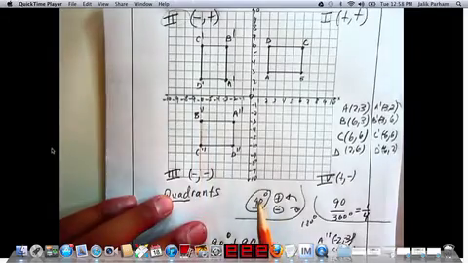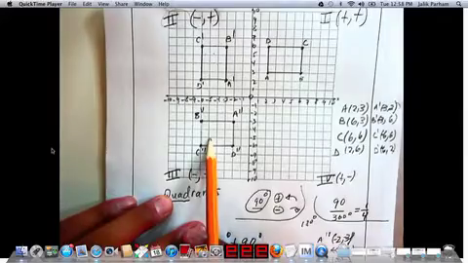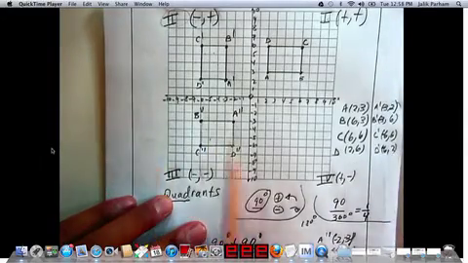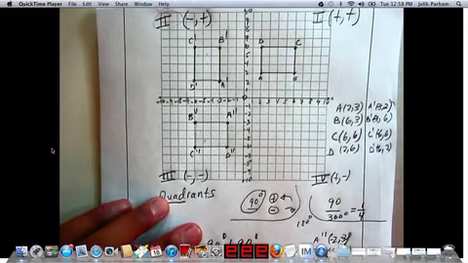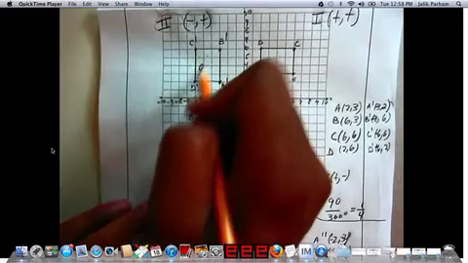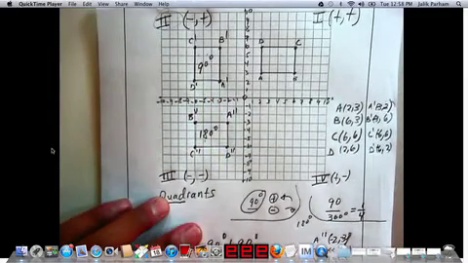For 180 degrees, switch the coordinates because it's 90, switch the coordinates again because it's another 90. Basically, when you switch the coordinates twice, you're leaving them the same, and take the signs of whatever quadrant it's supposed to be in. Okay? This is a 90-degree rotation. This is a 180-degree rotation. We now know how to rotate 90 degrees, 180 degrees on a coordinate grid.